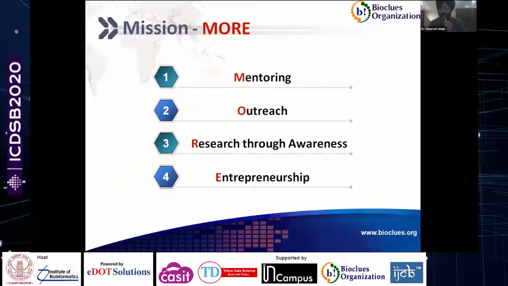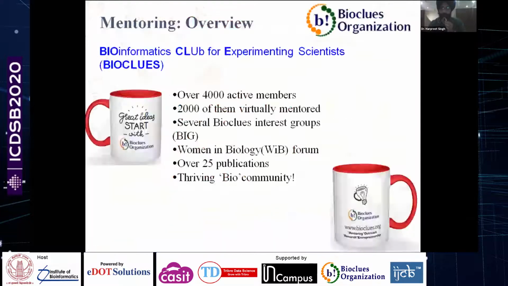So this is the mission, based on four alphabets: mentoring, outreach, research through awareness, and entrepreneurship. If we talk about mentorship, we have more than 4,000 active members, and many of these members have been involved in various research projects.